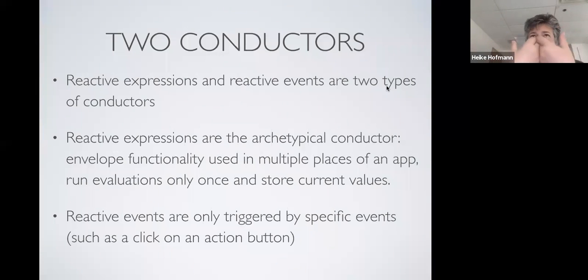So we do the calculations only once, and then we pass the result of those conductions on to the observers that depend on it. We'll look at reactive events later, but essentially you can think of reactive events as reactive expressions where we have to explicitly say, now do it. So they're even more laid back than reactive expressions.